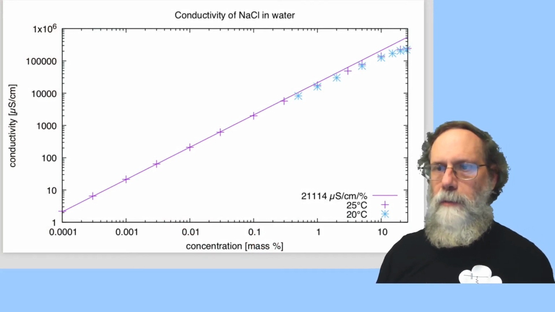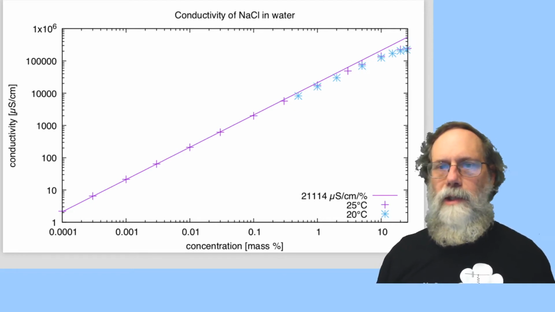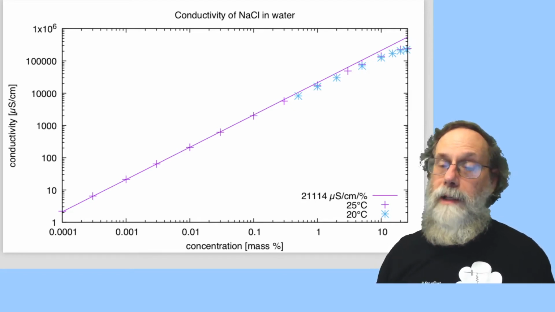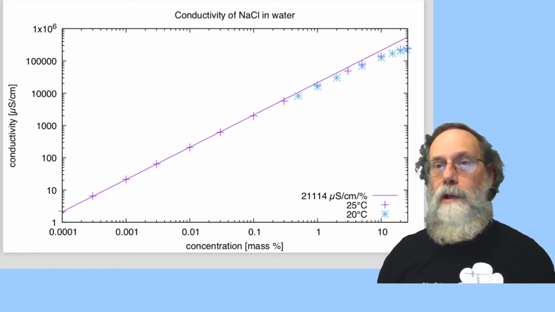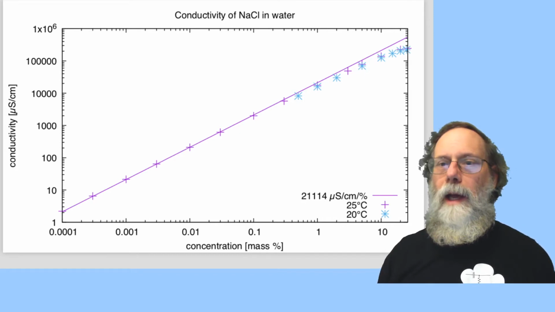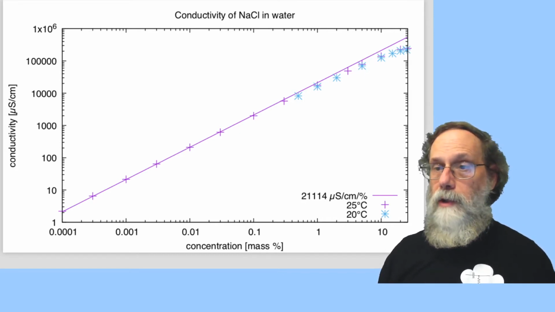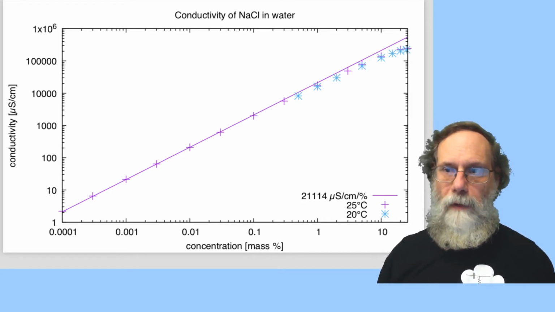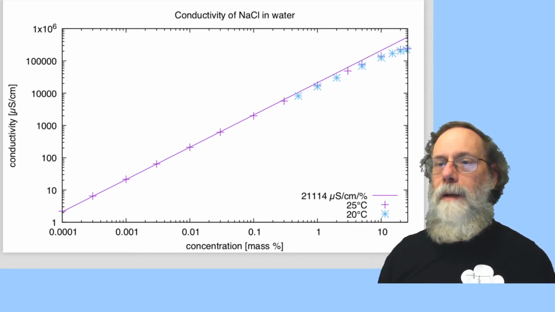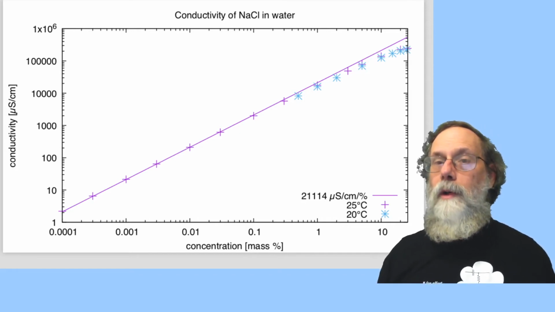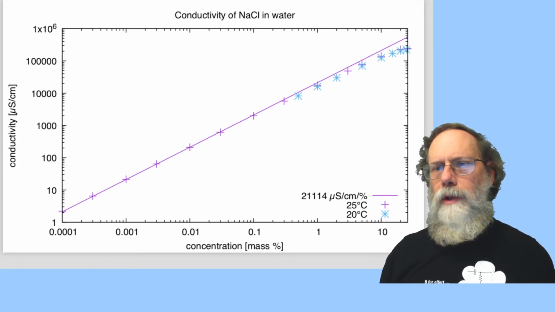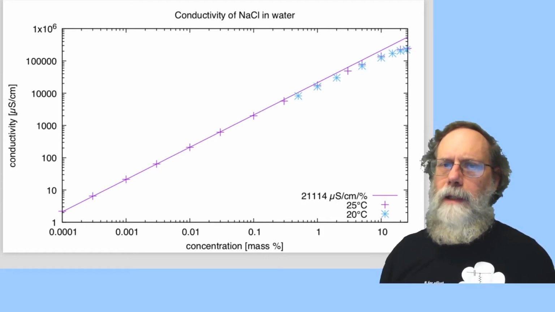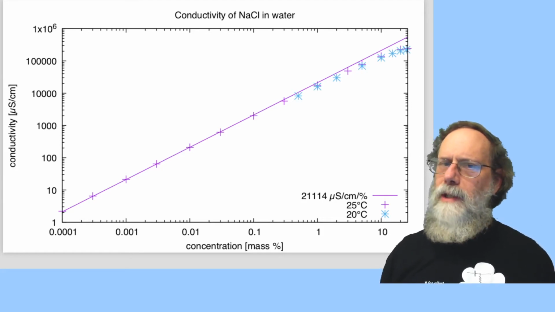Again, these numbers are in the book, along with citations, of conductivity versus concentration of sodium chloride in water. And what you would be measuring in the lab, if we've got a standard lab setup, is some known concentrations of sodium chloride in distilled water. And what you'll see here is that the conductivity is measured in microsiemens per centimeter.